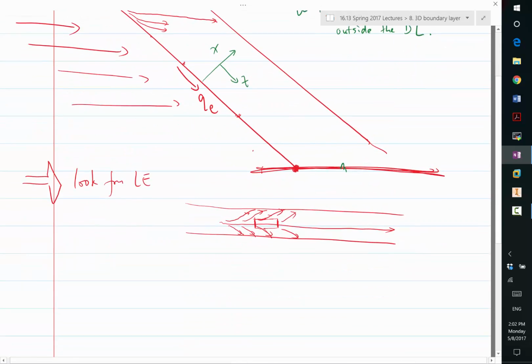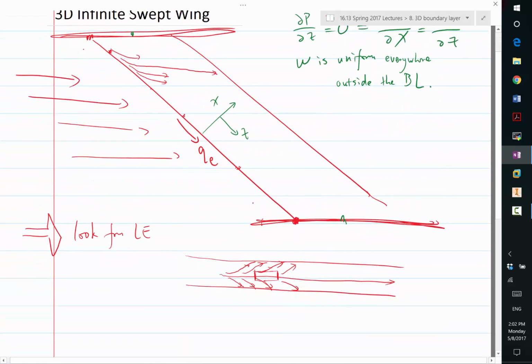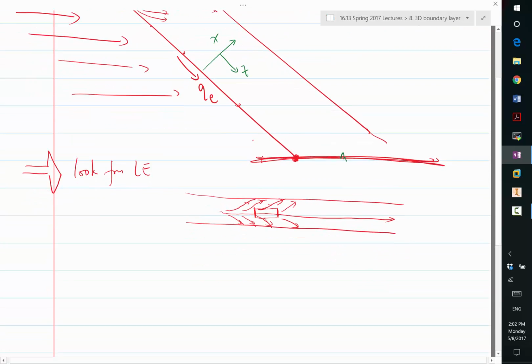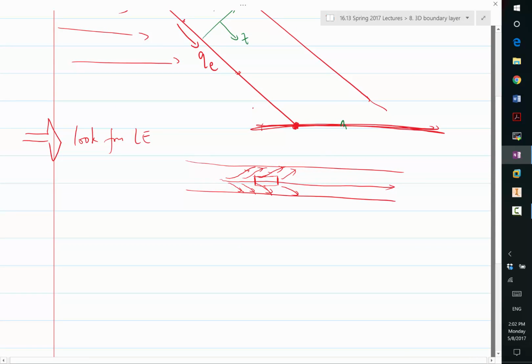Now with that, the thin layer equations can be significantly simplified. First of all, the mass conservation equation: partial u partial x plus partial v partial y plus nothing is equal to 0, right? Partial w partial z is equal to 0. So the mass conservation equation is the same as in 2D.